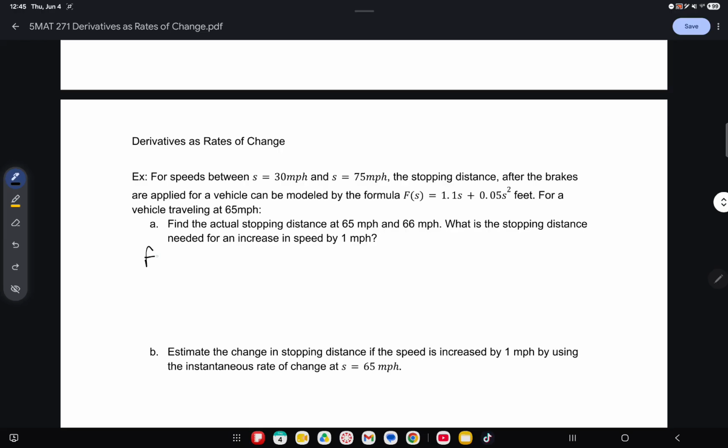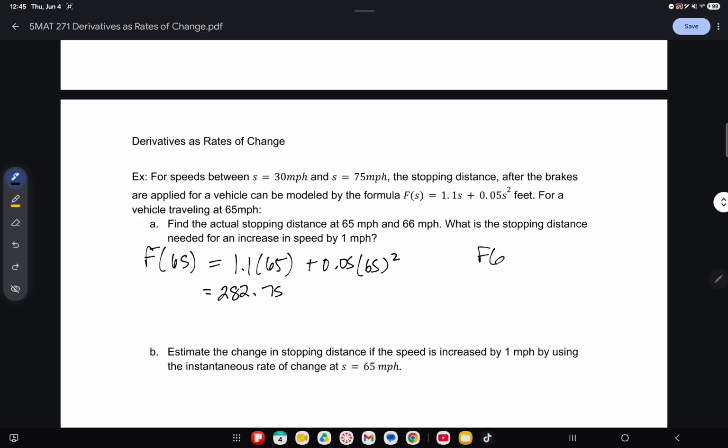So let's find f of 65. So that's 1.1 times 65 plus 0.05 times 65 squared. Let's see what that is. 1.1 times 65 plus 0.05 times 65 squared. That gives me 282.75.